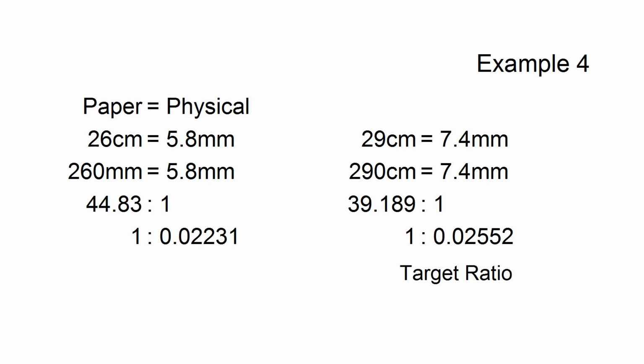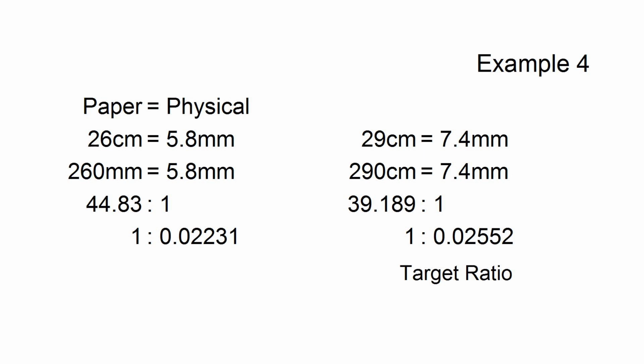Now, the viewpoint that I will recommend here is that the metric scale is always 1 millimeter equals blank. So rather than dividing by the smaller value, what we want to always do is divide by the paper side. So the ratio of 1 to 0.02231 for the left column is determined by dividing both sides of that paper and physical column by 260 millimeters.